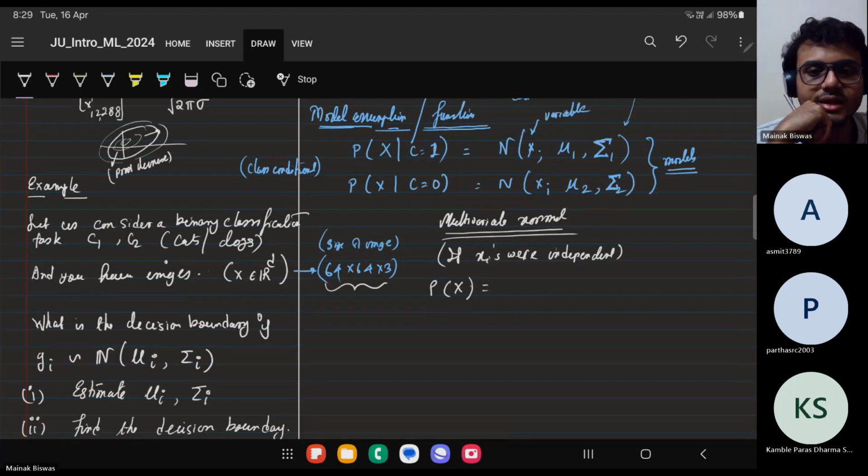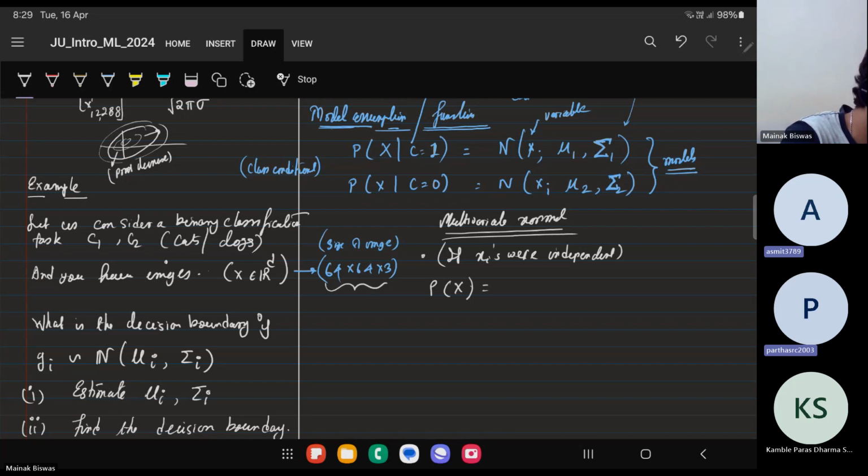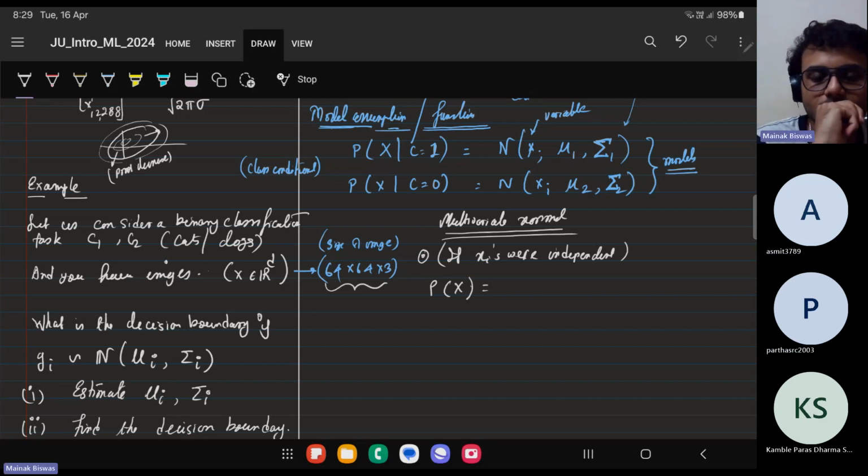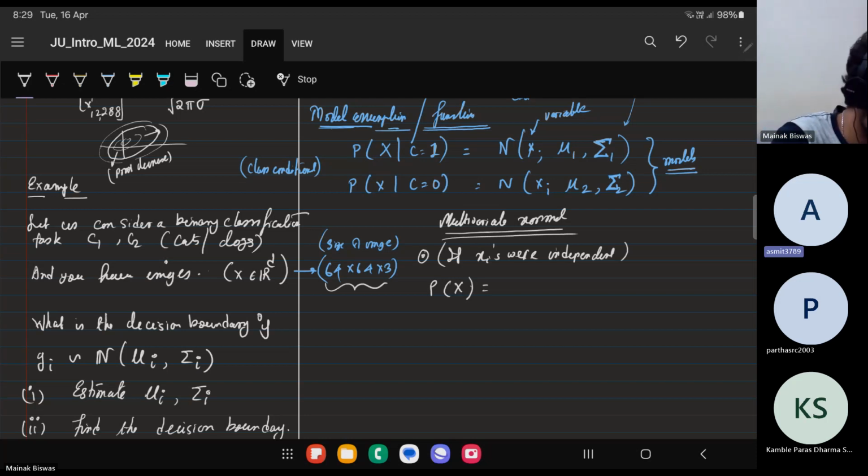If the x_i's were independent, what would P of X be? You multiply the PDFs, like for the normal PDF. Correct. So what is X? X is x1, x2, dot, dot, dot, up to x12,288.